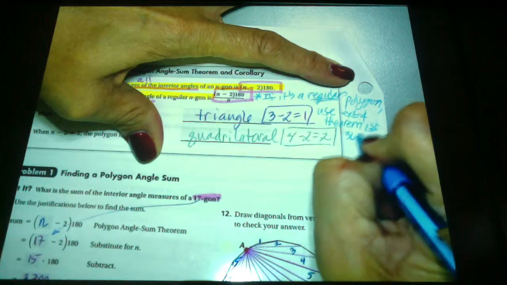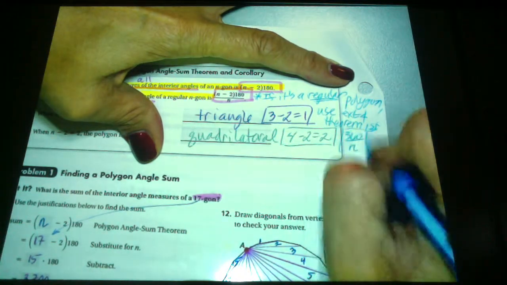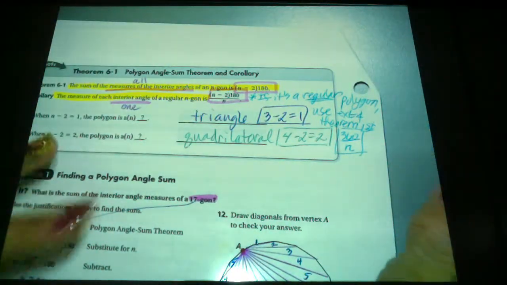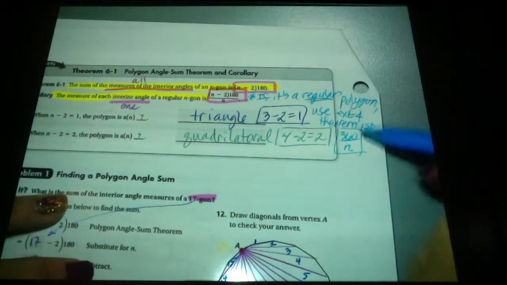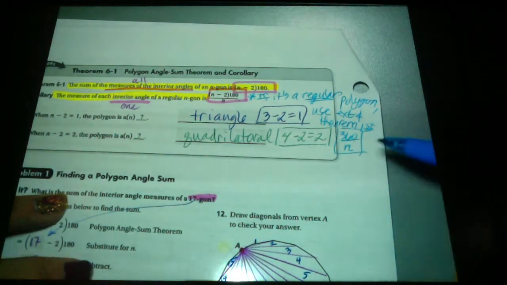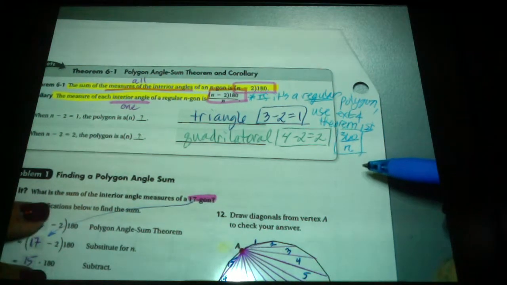So 360 divided by n, and that could be your number of sides or your number of vertices. It's interchangeable, it won't matter. And so if I find the exterior angle first, then you can find the interior angle.